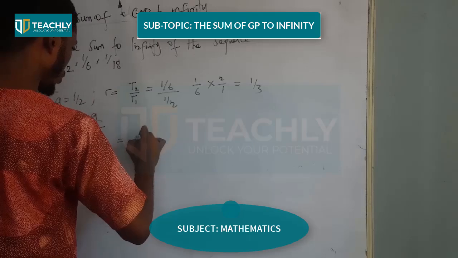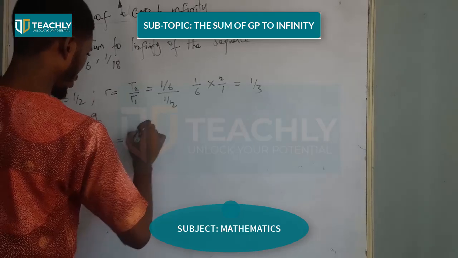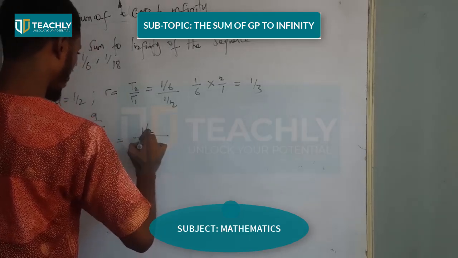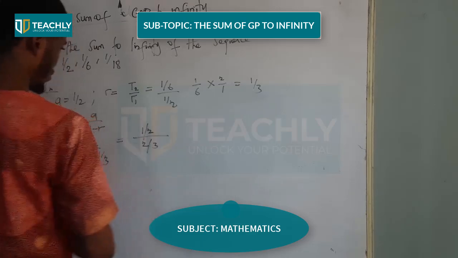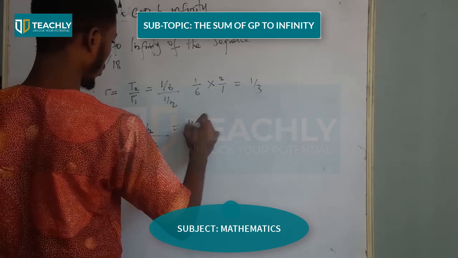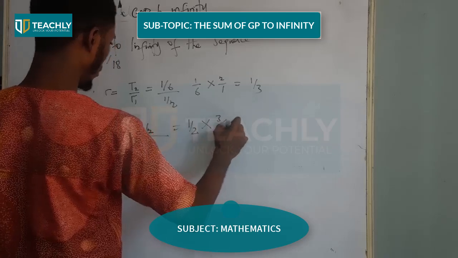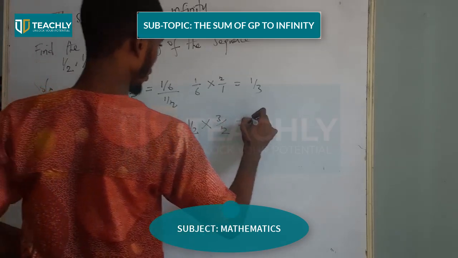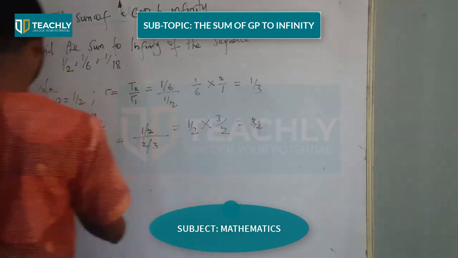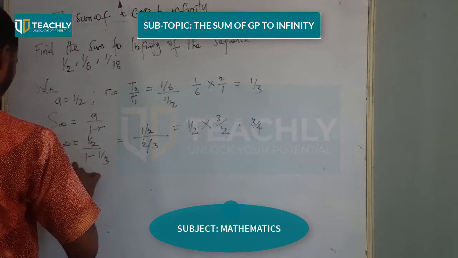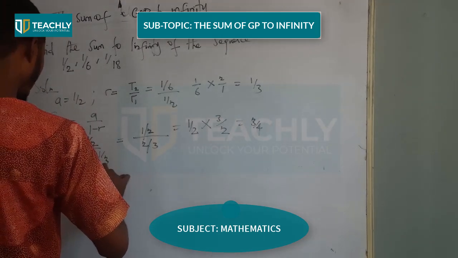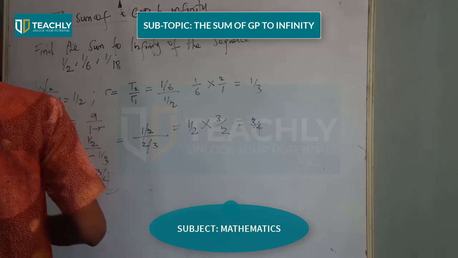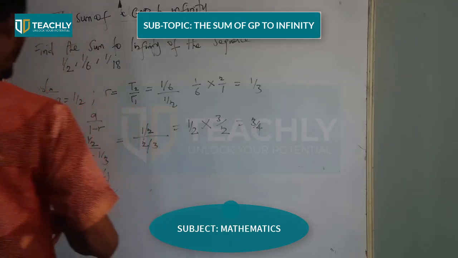So 1 over 2 over 2 over 3. Okay, so I have 1 over 2 times 3 over 2. So that answer is 3 over 4. Therefore, sum to infinity is 3 over 4.